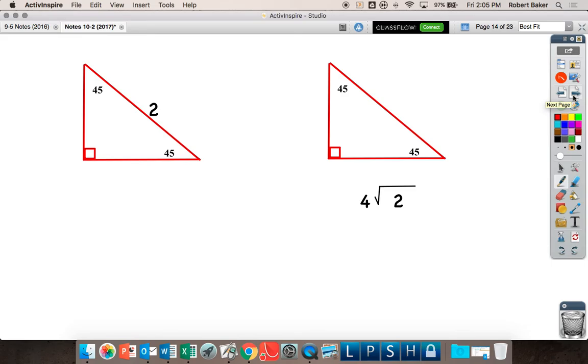How do you get from here to here? Can't do that. We have to multiply it by 1. 2 times the square root of 2, the square root of 2 times the square root of 2.